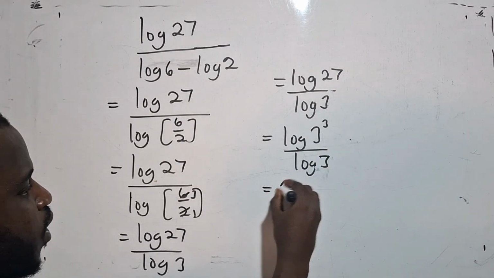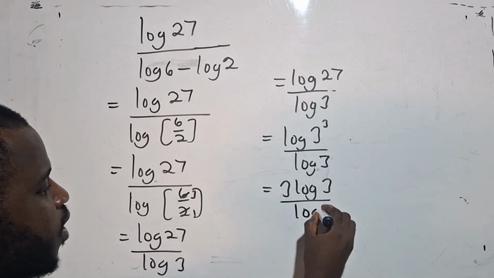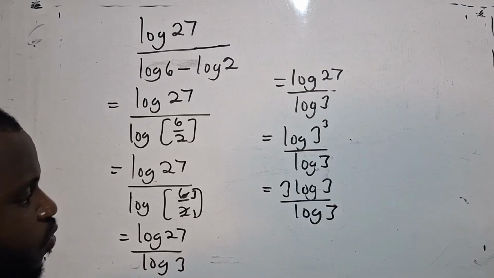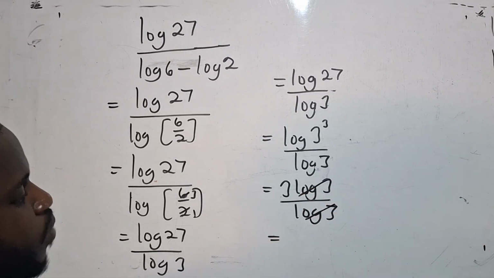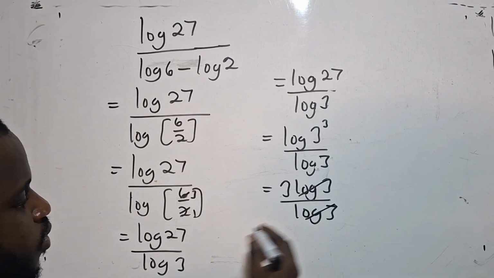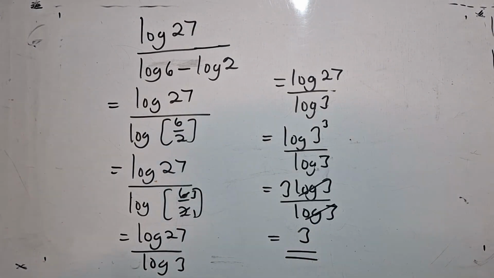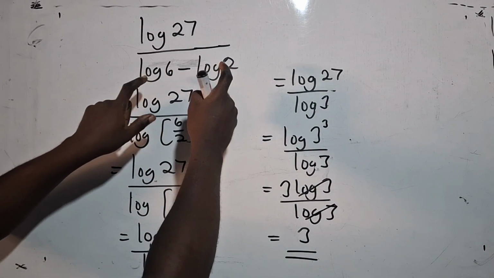So we have 3 log 3 divided by log 3. So we can divide log 3 by log 3, then we get our simple answer as 3. Division of log, when we are subtracting with a common base.